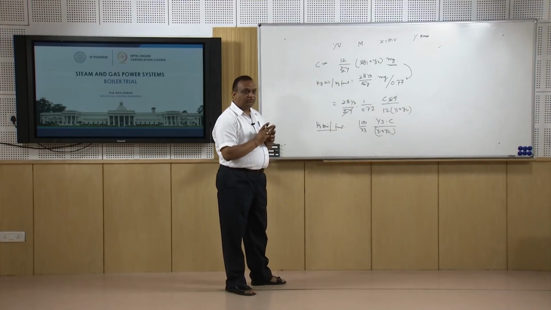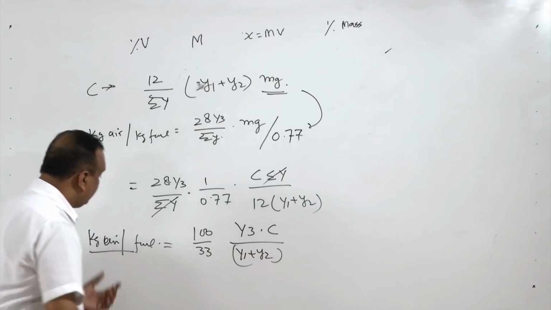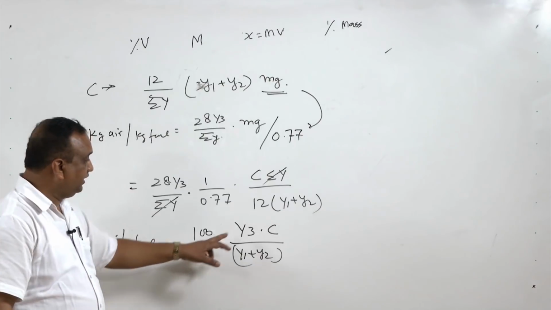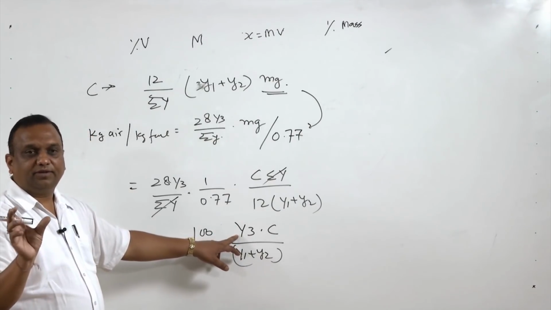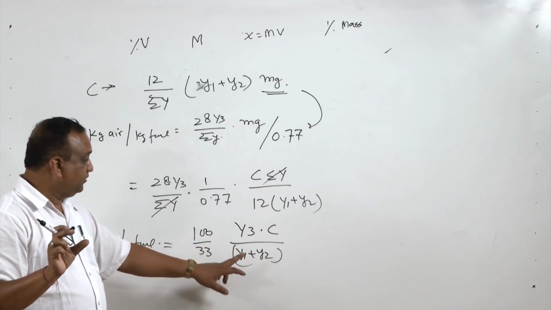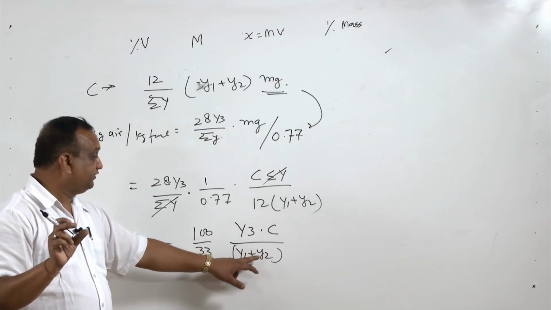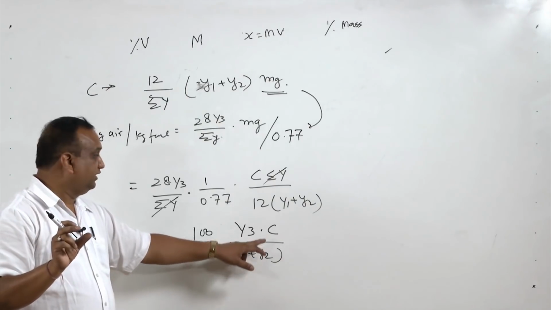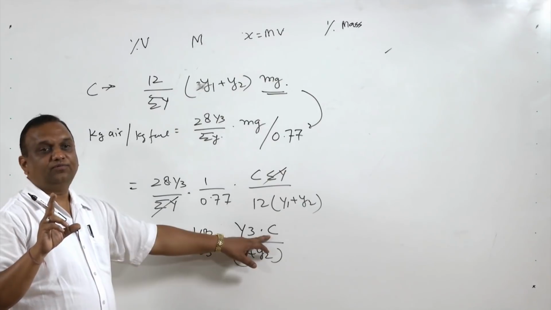We are burning 1 kg of coal or fuel. This much kg of air will be required to burn 1 kg of fuel. That is 100 by 33 times the volume of nitrogen in exhaust gases. We have taken some sample. So percentage volume of nitrogen in exhaust gases, percentage volume of carbon monoxide in exhaust gases, percentage volume of carbon dioxide in exhaust gases, and amount of carbon per kg of fuel.